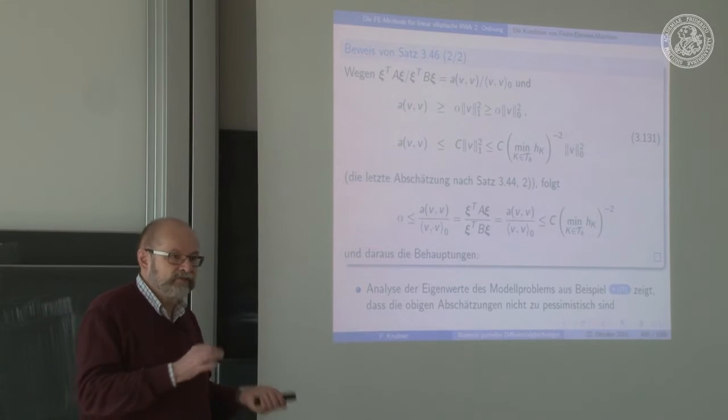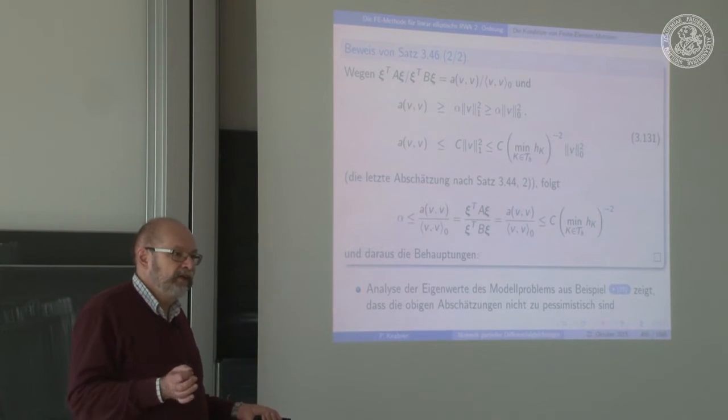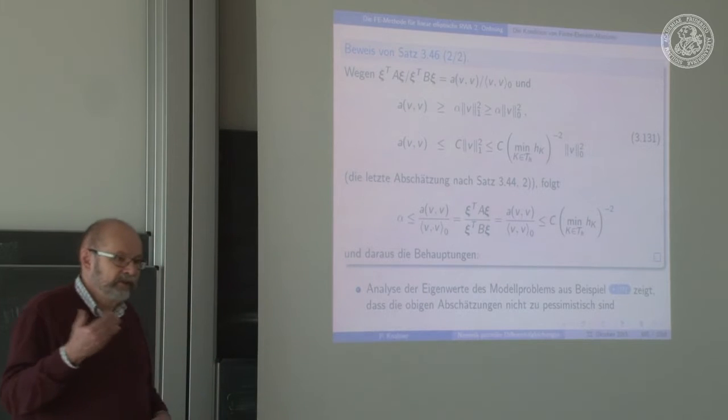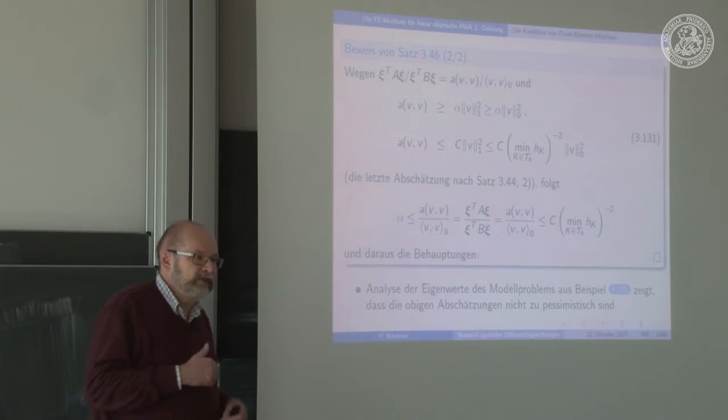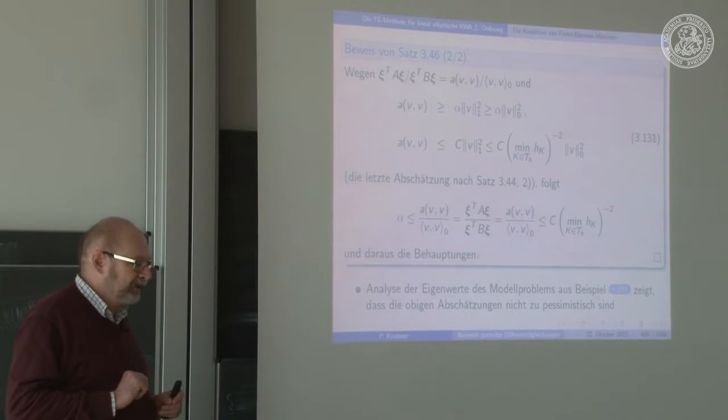In the finite dimensional case we only have finitely many eigenvalues, but we can expect a lower positive bound for the smallest eigenvalue, and also that the smallest eigenvalue converges to the smallest eigenvalue of the continuous problem, but that is not something we are investigating here.